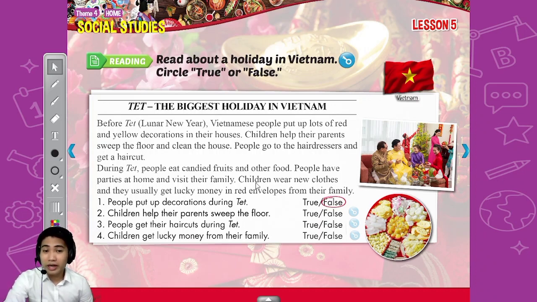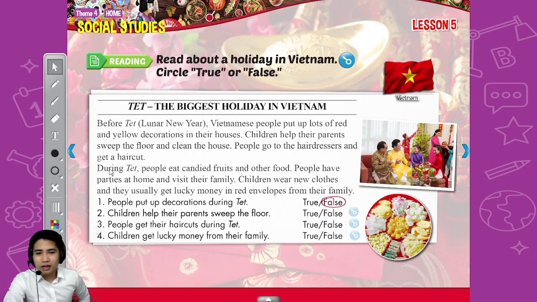Children wear new clothes and they usually get lucky money in red envelopes from their family. Oh, it's wonderful. It sounds fun. Okay, so again, here is the story from the biggest holiday in Vietnam, before Tet and during Tet.